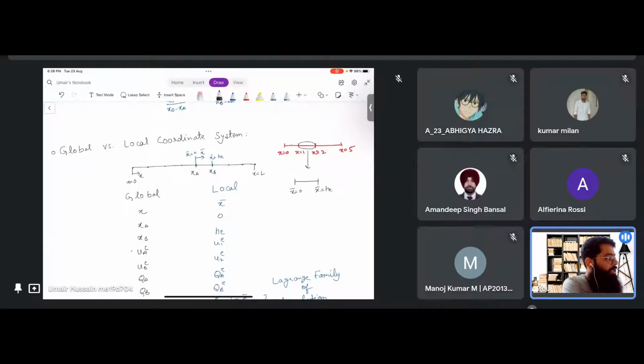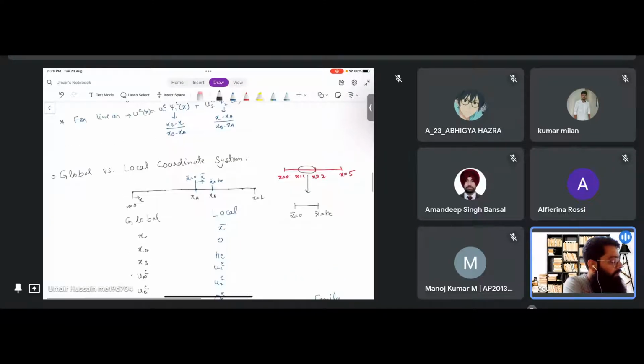So basically, if we define a local coordinate system for each element, and we take this element also, we'll have the same type of coordinate system. So the equation that would come up would look exactly similar.